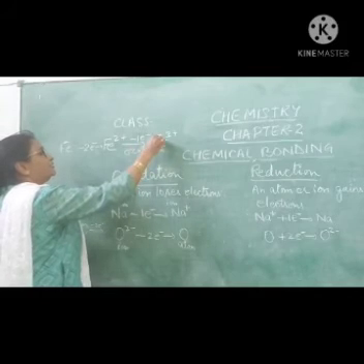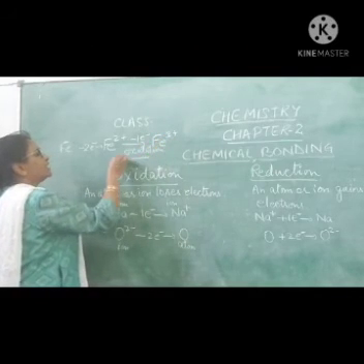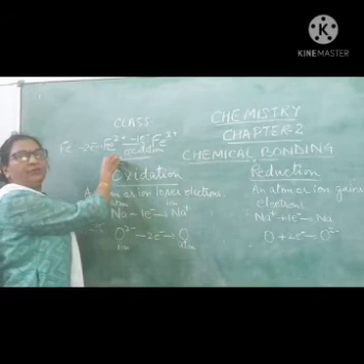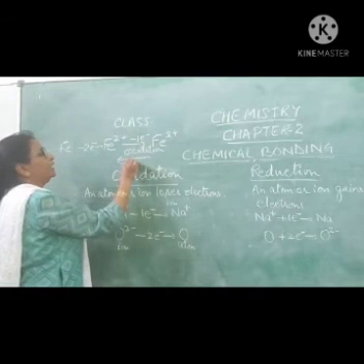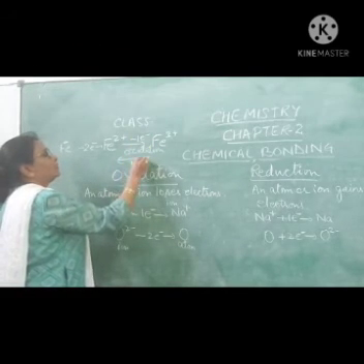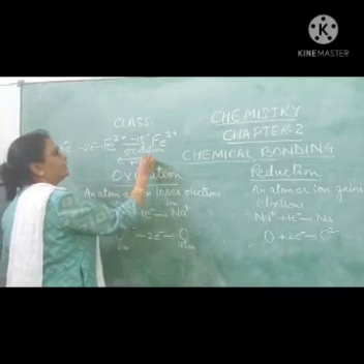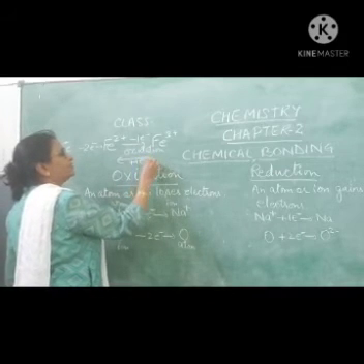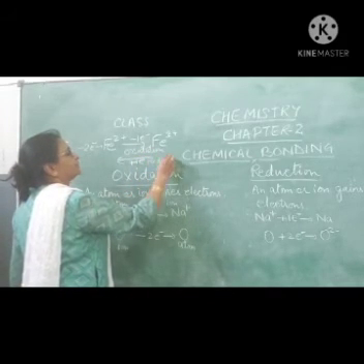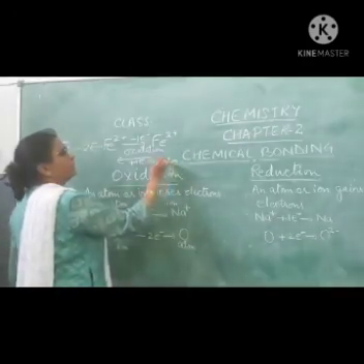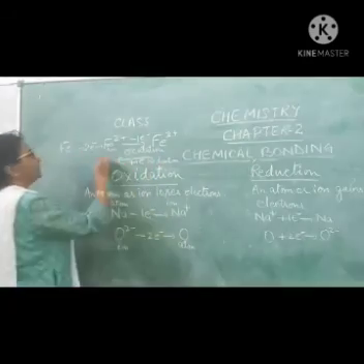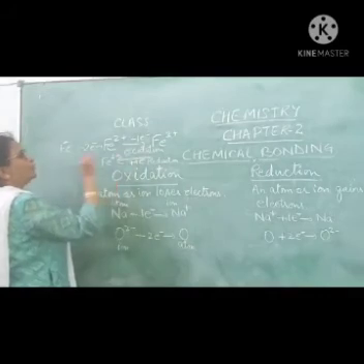But suppose this Fe3 positive changes back to Fe2 positive, then what will it do? It will gain 1 electron and be converted into Fe2 positive.